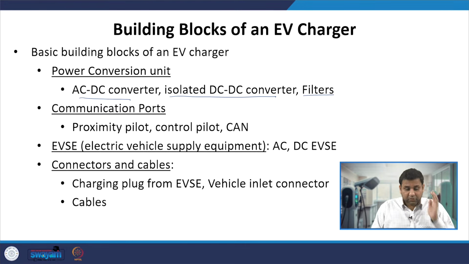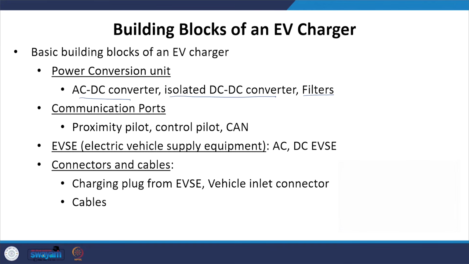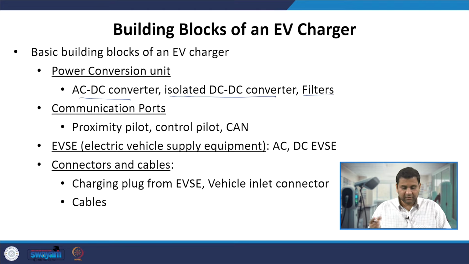Then, to make sure the power is converted safely, the charger also needs to understand the status of the vehicle as well as the charger at every instant of time. So the charger needs a dedicated communication port, or communication channel, where the information is exchanged between the charger and the EV which is plugged into the charger.